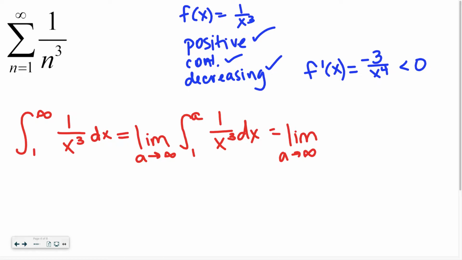To the negative third? Negative 1 over 2x squared. I'll accept that.